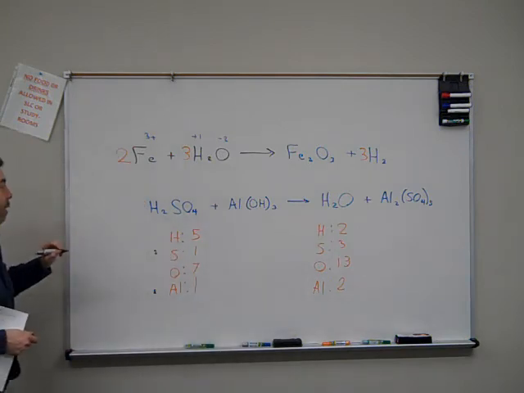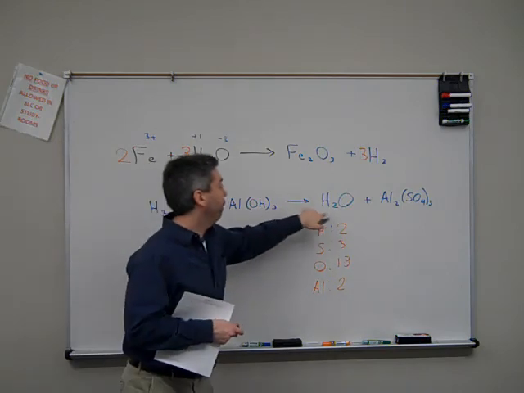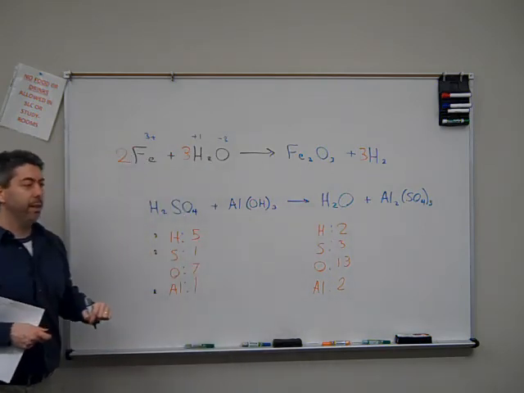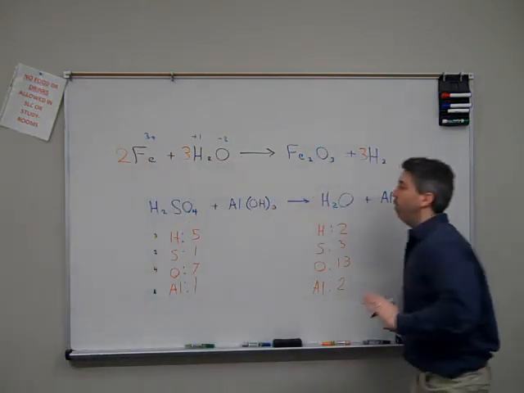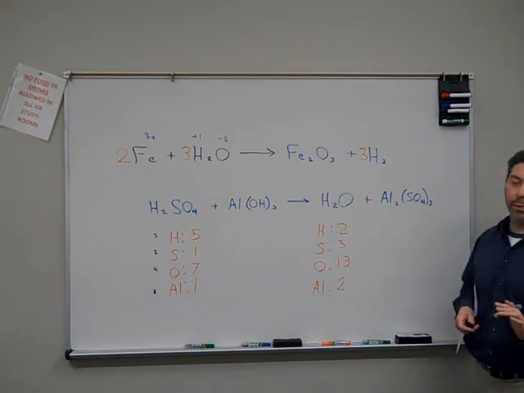What about hydrogen? How many compounds does that appear in? 3. So that's going to be a little bit harder, and then oxygen appears in every single one. So we're going to hold off on hydrogen and oxygen till the end. Let's focus on aluminum and sulfur.